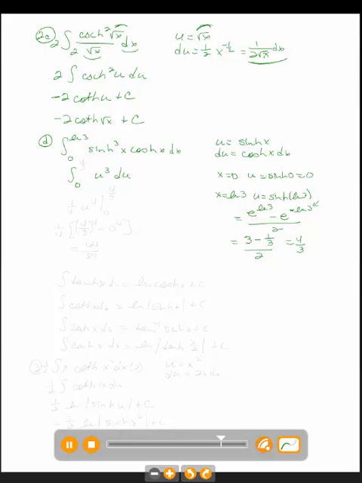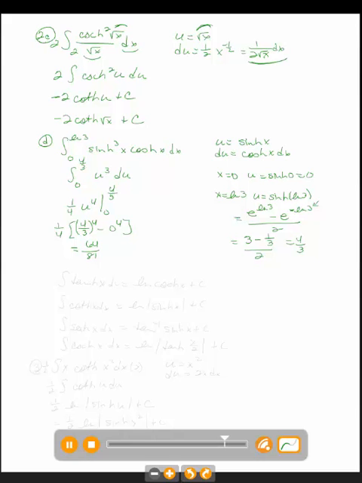So over here I have to change the limits to 0 and 4/3. Now I raise the power, flip it in front, and evaluate from 0 to 4/3. So I have 4/3 to the 4th minus 0 to the 4th, and if I simplify that, putting the 1/4 in, I get 64 over 81.